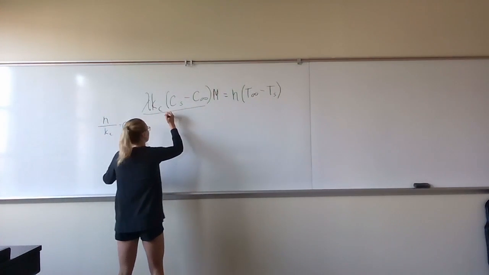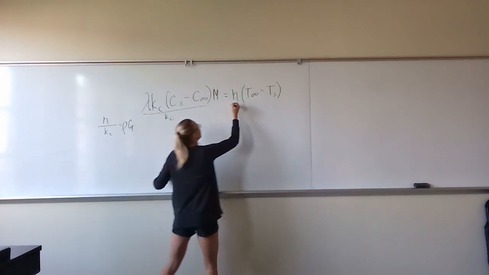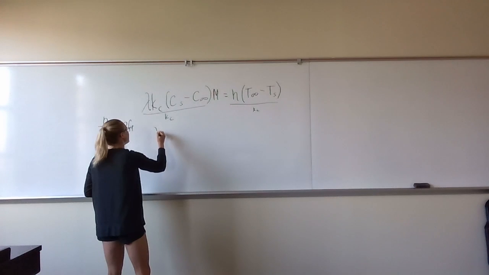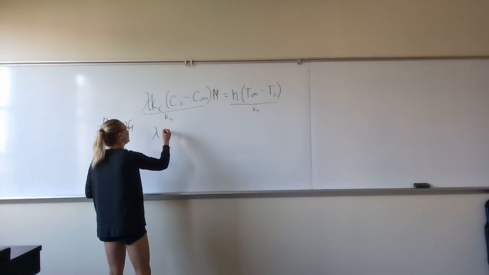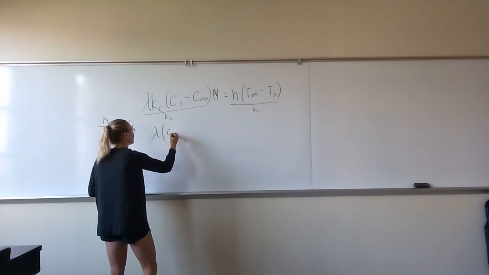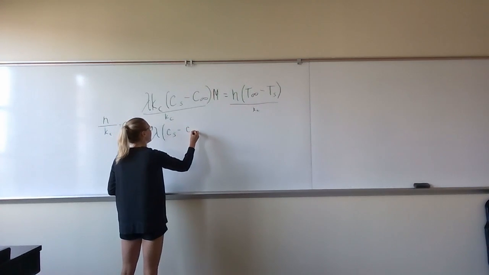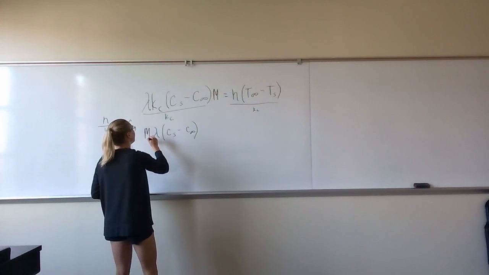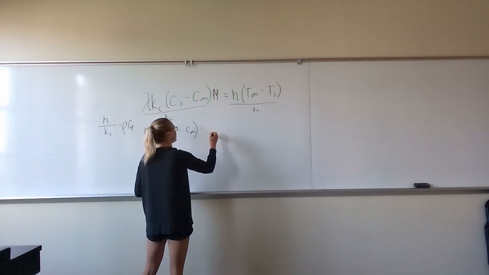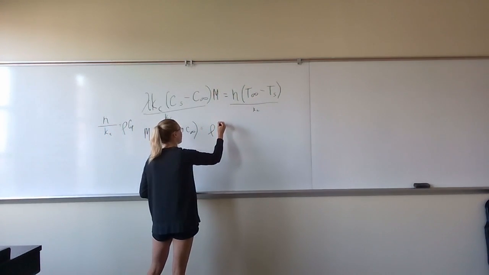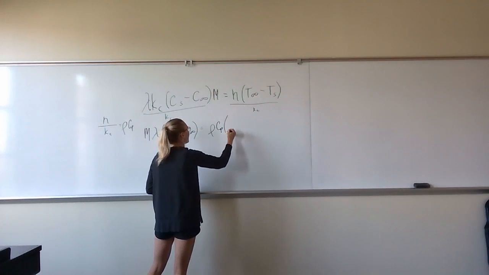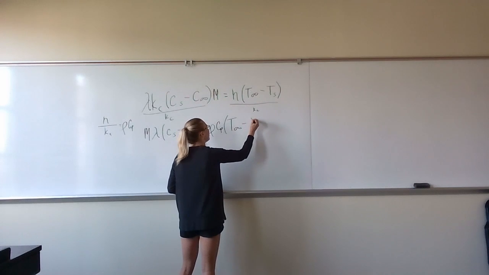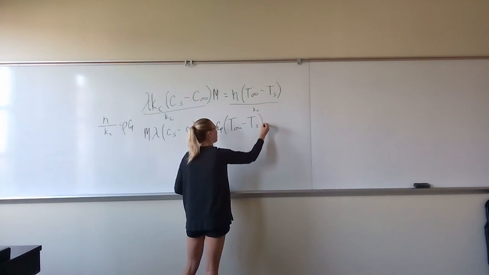So we divide each side by Kc, and we get the latent heat of vaporization times the concentration difference times the molecular weight is equal to the volumetric heat capacity, rho Cp, times the difference in temperature from the dry bulb and wet bulb.